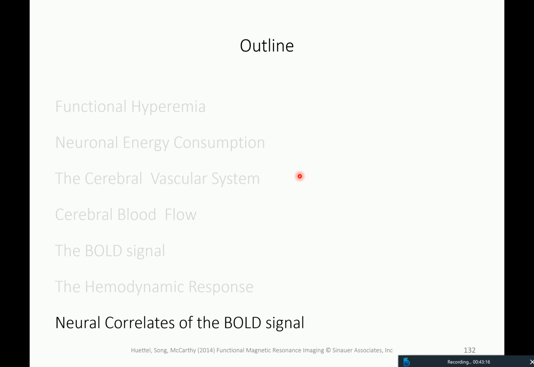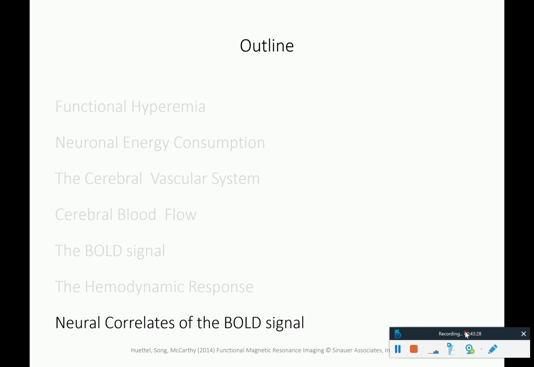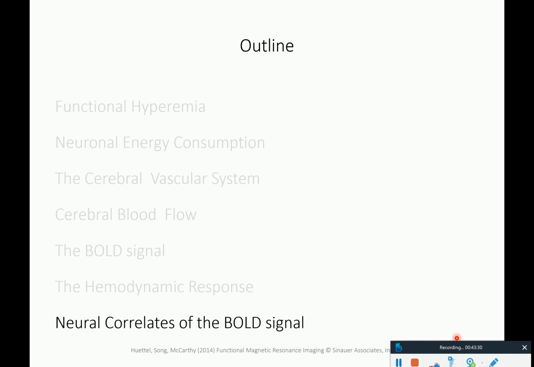Good. So the last thing about the BOLD signal that we should discuss are the neural correlates. But again, I think we should do that after the lunch break, because that's quite important, and it makes sense to save a little bit of energy for that.